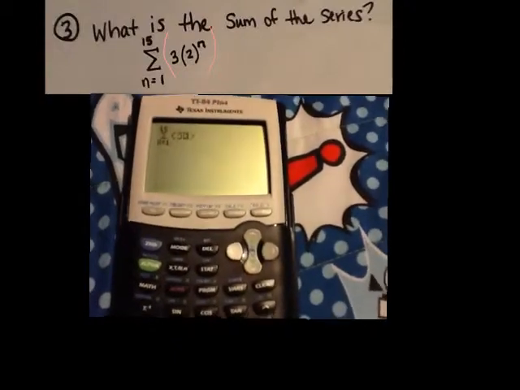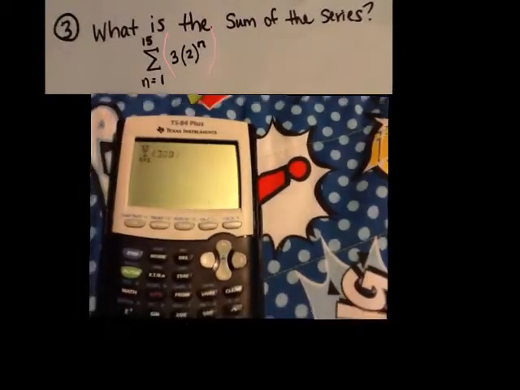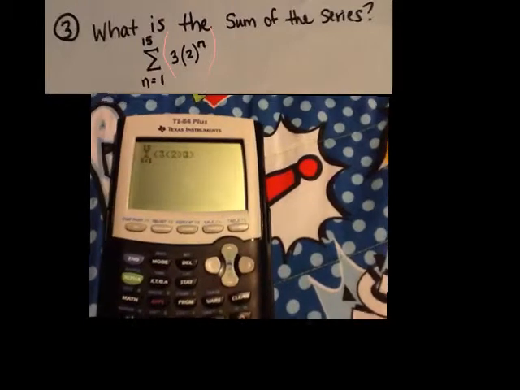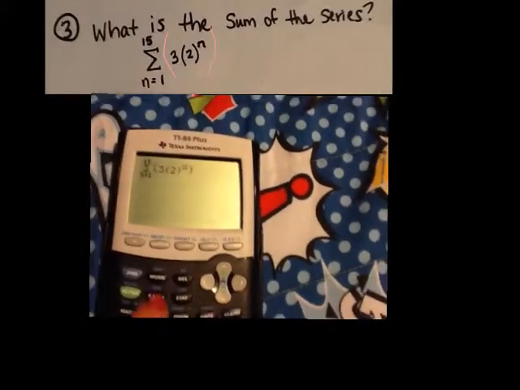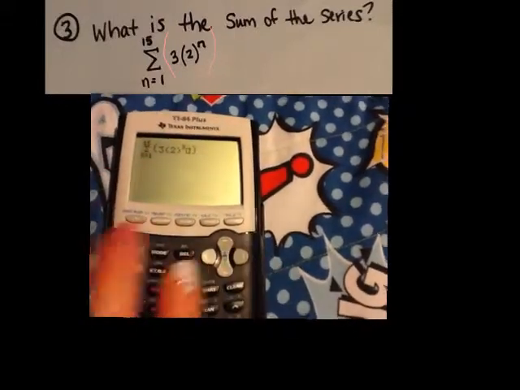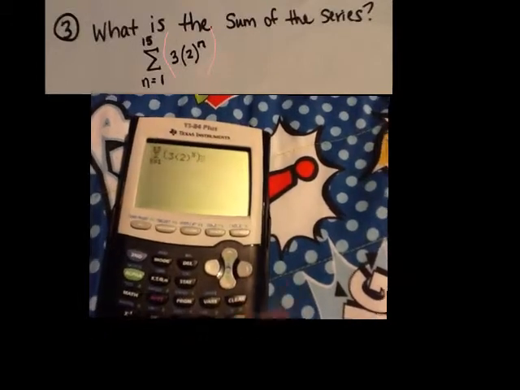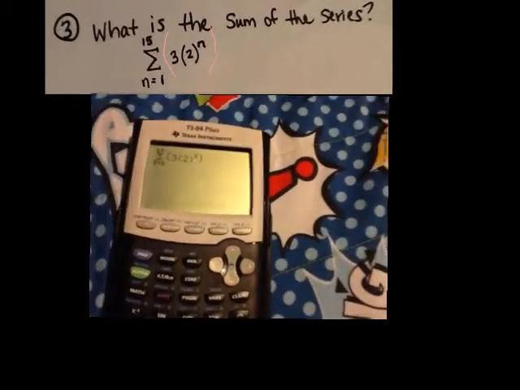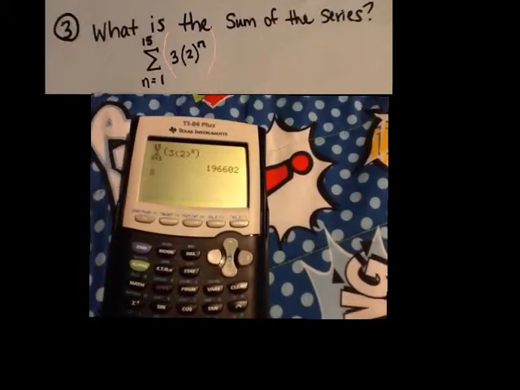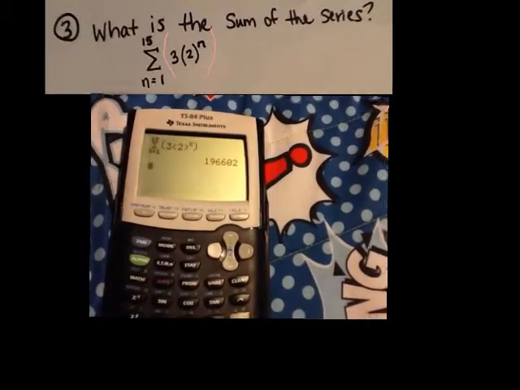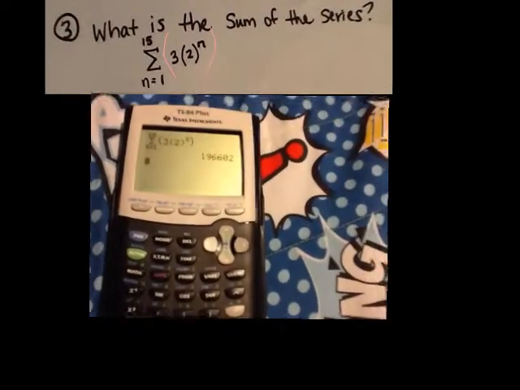So the 3 goes inside those parentheses, and then you open another set, put a 2 inside, raised to the power of x. All of that gets contained inside of the summation notation's parentheses. And then our sum we'll find is 196,602.